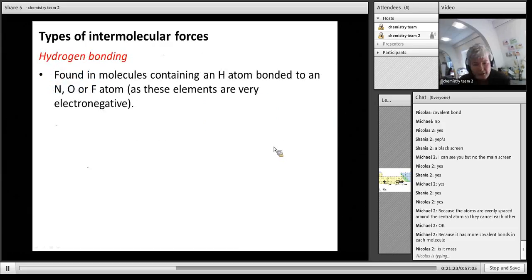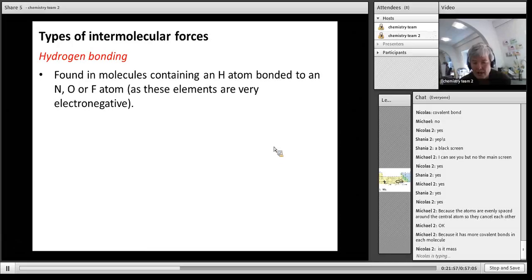And then the other one that you need to watch out for is the hydrogen bonding. Hydrogen bonding is important in certain types of molecules, and that's when, as I've stated there, a hydrogen atom must be bonded to either N or O or F. What is important about those three elements?